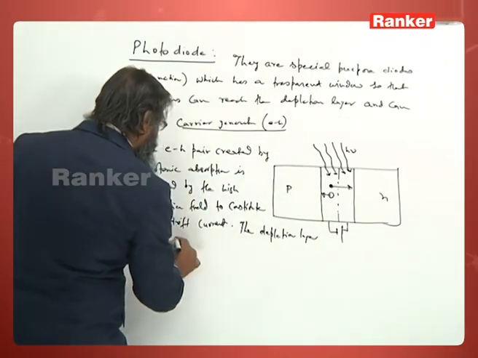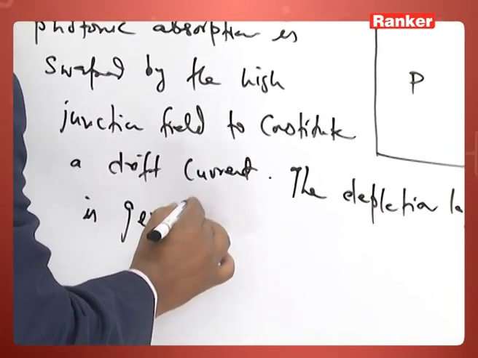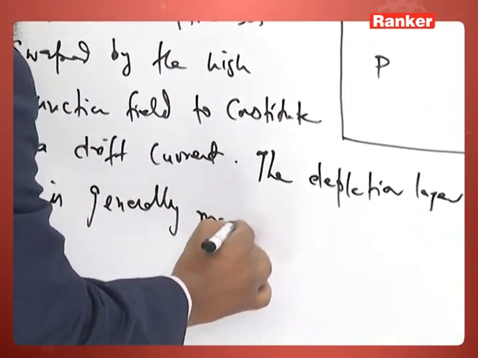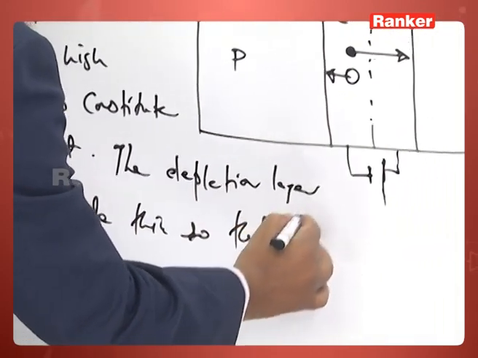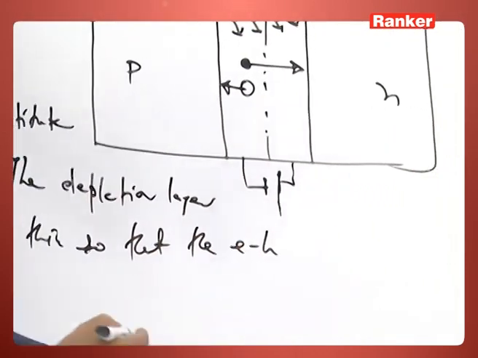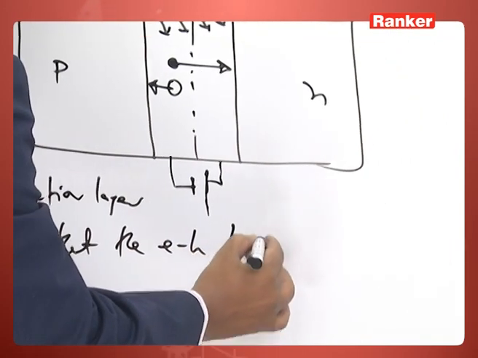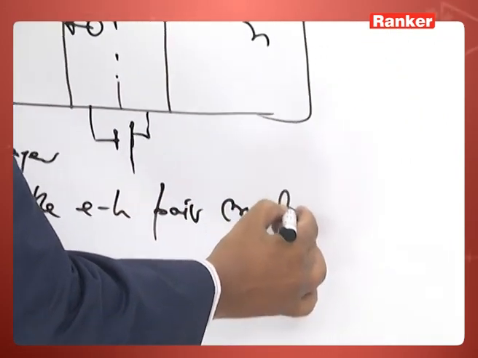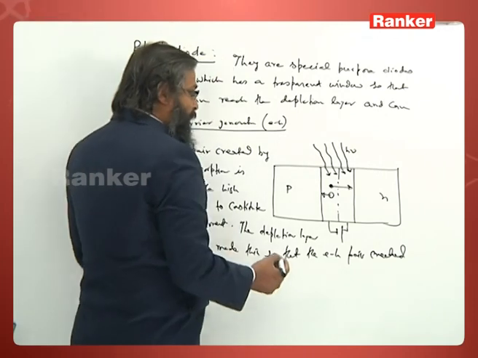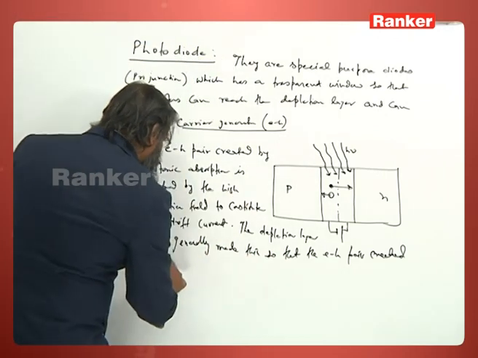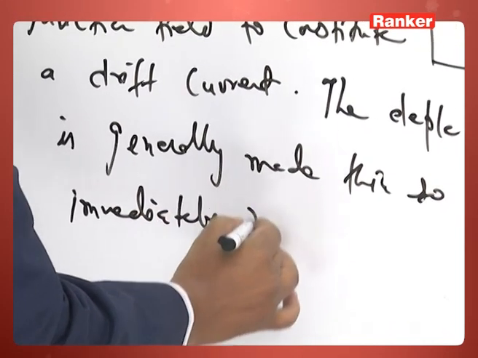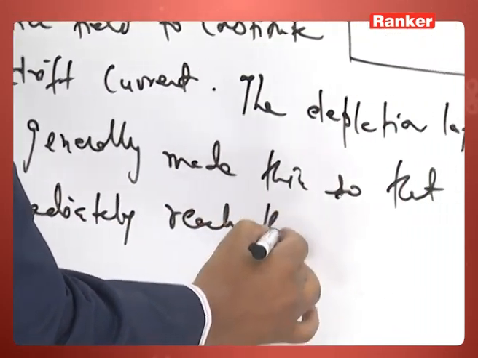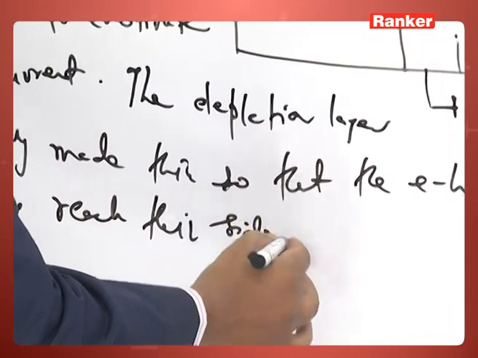is generally made thin so that the electron hole pair created immediately reach their site.